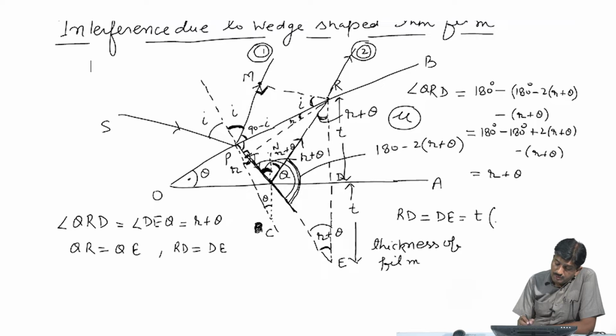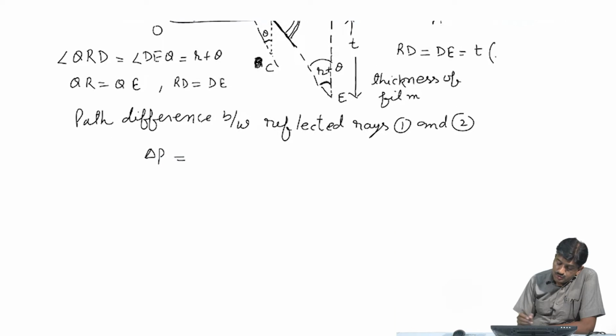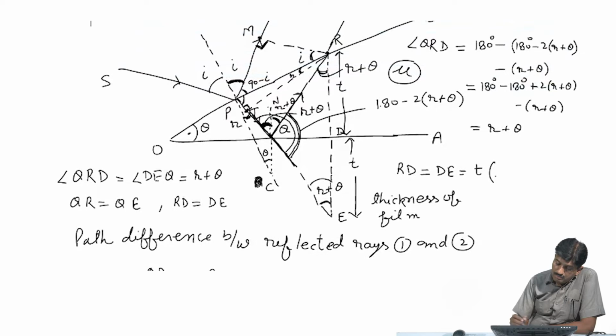If we draw a perpendicular from R to M, then it represents the difference between the path traveled by the second ray, PQ plus QR, and the path traveled by ray 1, that is PM. It means the path difference should be PQ plus QR minus PM.